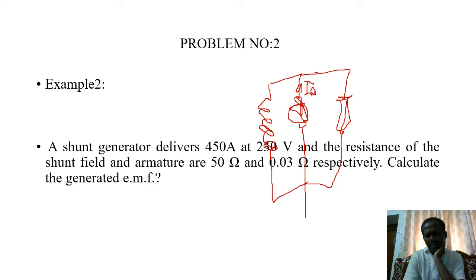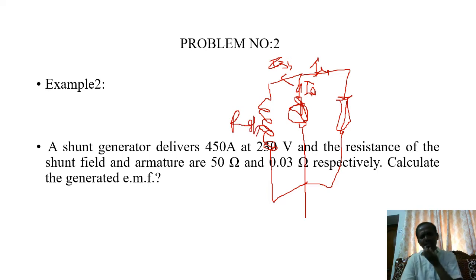This is divided into two parts: current towards the load IL, and the shunt field current Ish. There is a shunt field resistance Rsh.